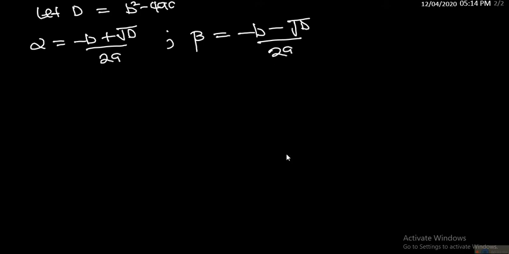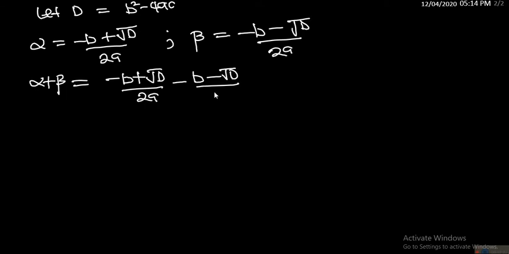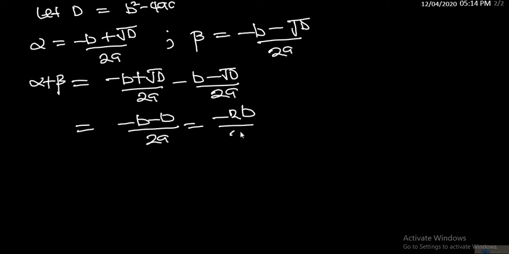Okay, now the sum of the roots: alpha plus beta equals minus b plus root D over 2a plus minus b minus root D over 2a. If we add the numerators, the root D terms cancel and we have minus 2b over 2a.